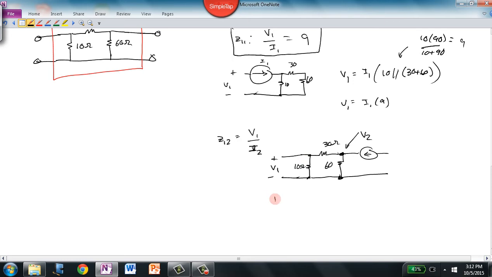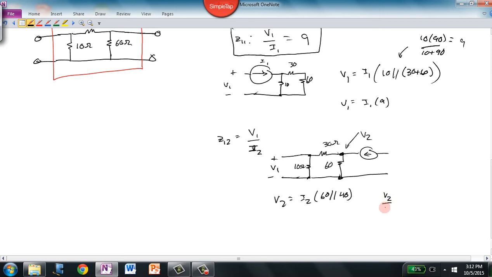And so in this case, V2 is equal to I2 times 60 ohms in parallel with the 30 and 10 ohm series combination. So that is 40 ohms right there. And so I can divide both sides by I2.